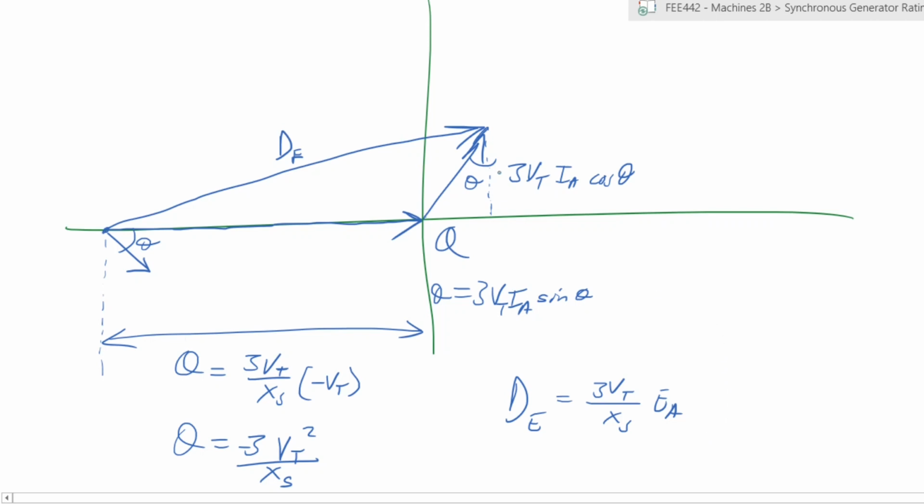And S, which is here, S would be equal to 3 VT over XS into IA XS, which is equal to 3 VT IA. Right? So those are the main components of your phasor diagram converted to a power diagram.